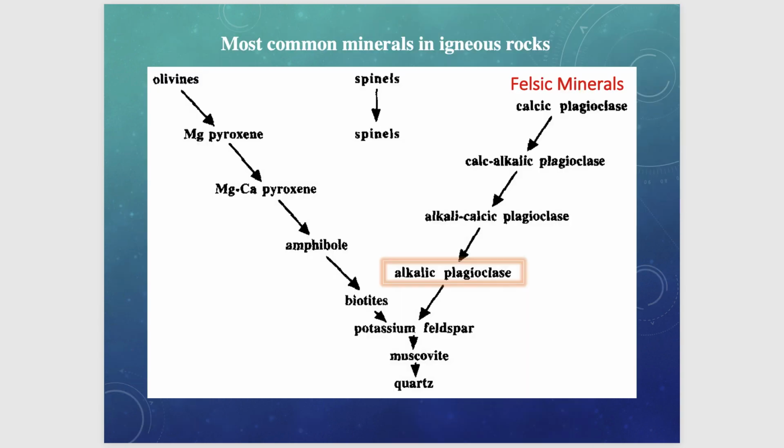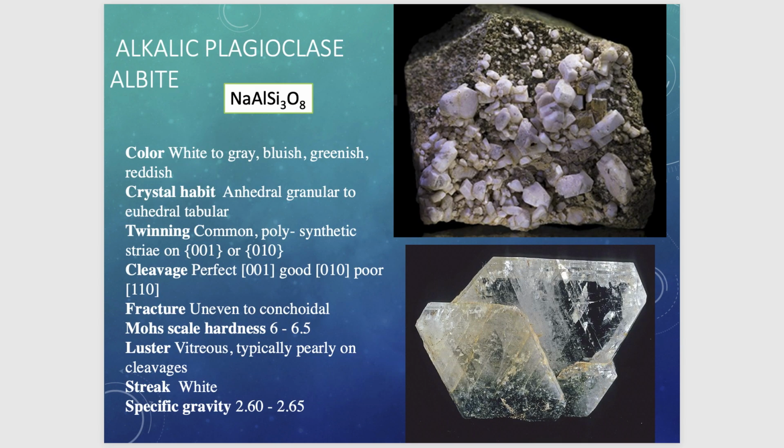So if we move to the next one, we would look at the sodium plagioclase, which is commonly called albite. So for the albite, we have pretty much similar features.